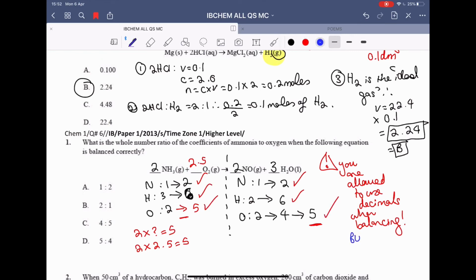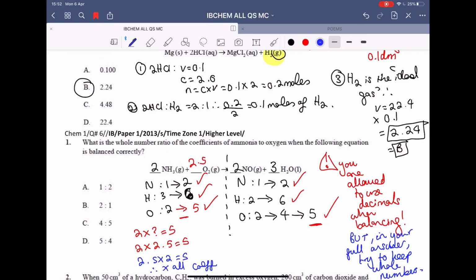However, you cannot, and I don't encourage it, leave your answer in with decimals. Try and keep whole numbers. Cannot stress that enough for an exam answer, because I don't think they would award you full marks.